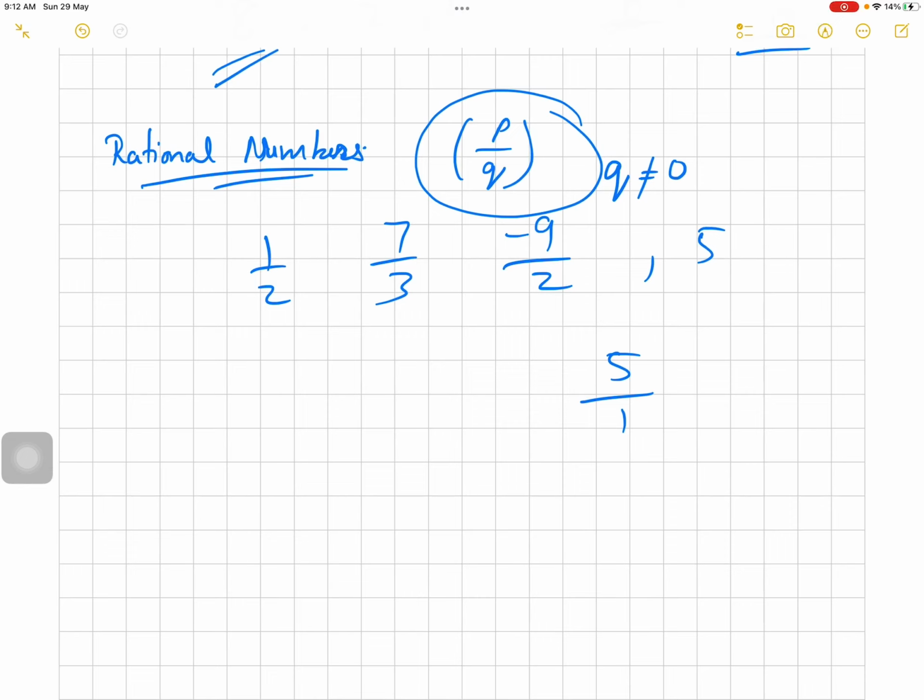Now 7 by 5 is a rational number. Rational numbers are denoted by the capital letter Q. So the set of all rational numbers is denoted by Q.